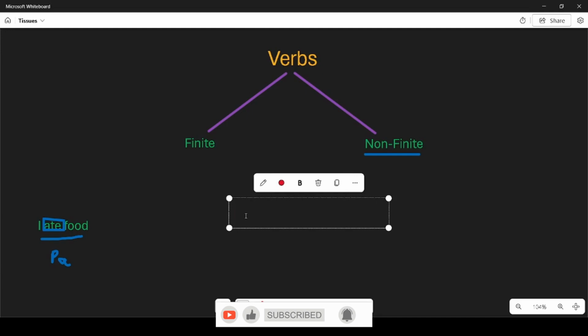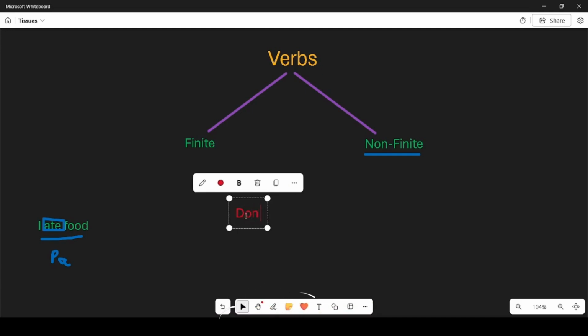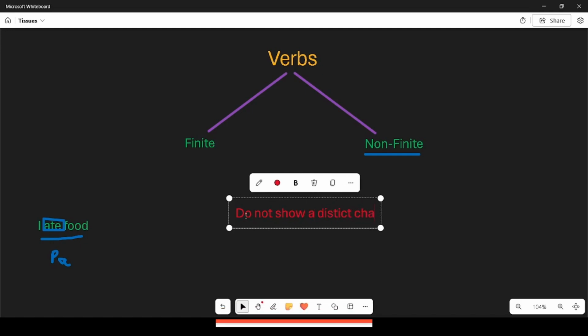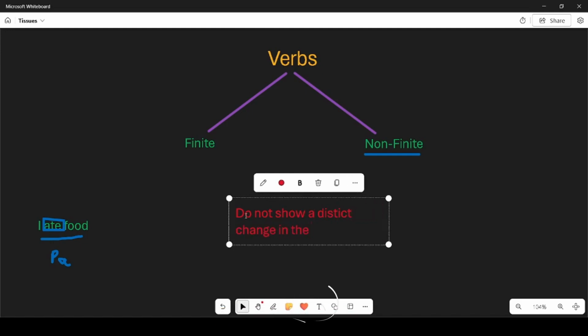So I'll just write the main points here. Do not show a distinct change in tense, and cannot stand alone.